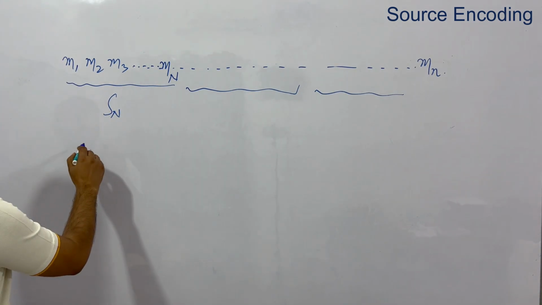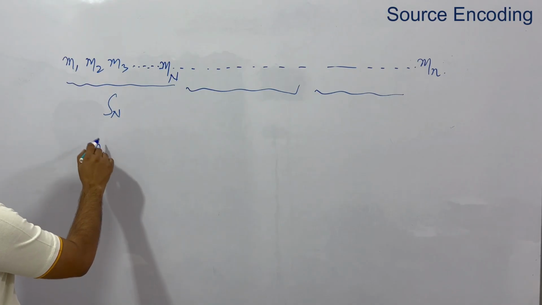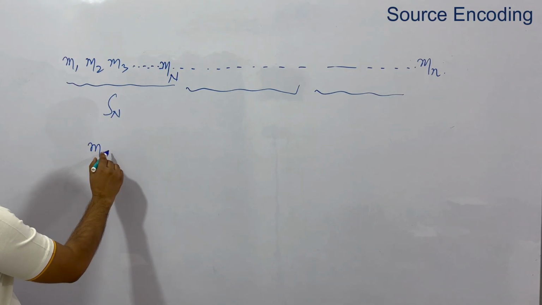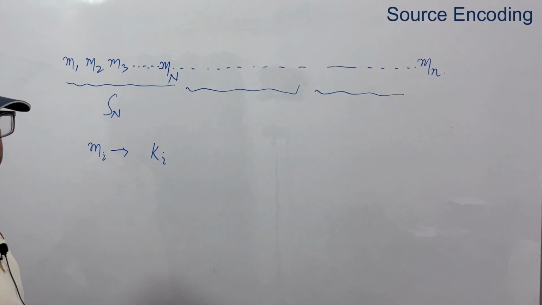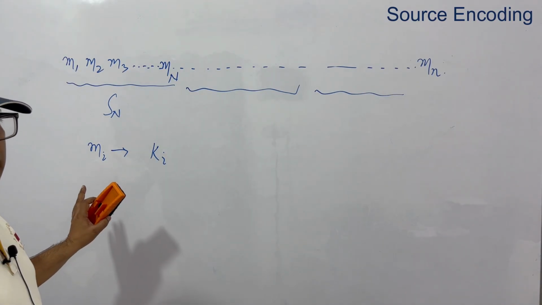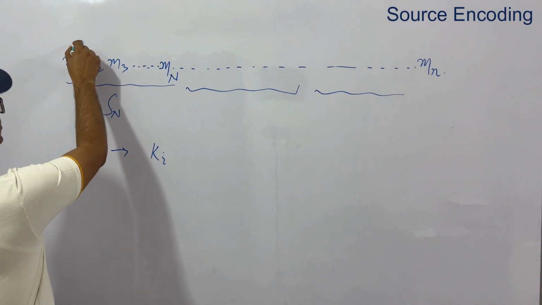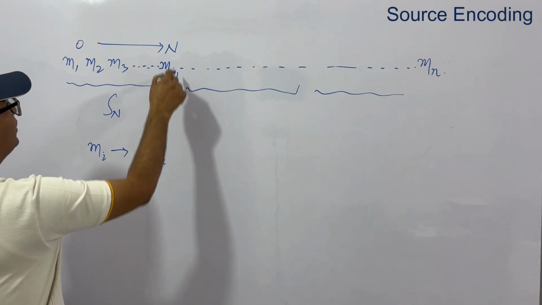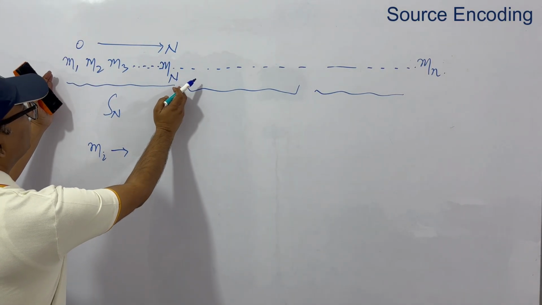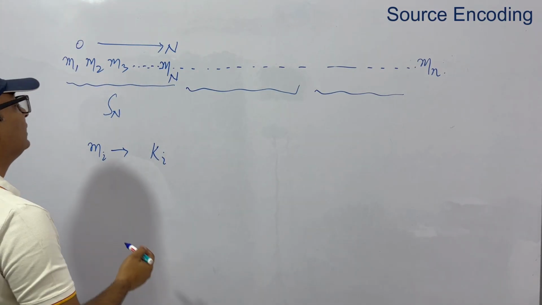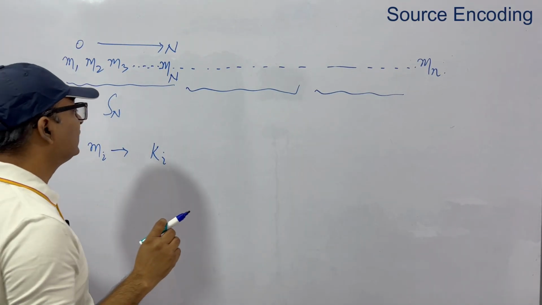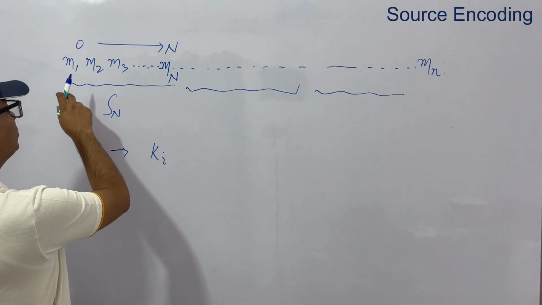And let's say in this sequence, mi repeats for ki number of times. Clear? There are 0 to capital N number of messages in one sequence, and messages are repeating. That is, we are not talking of a memoryless source.